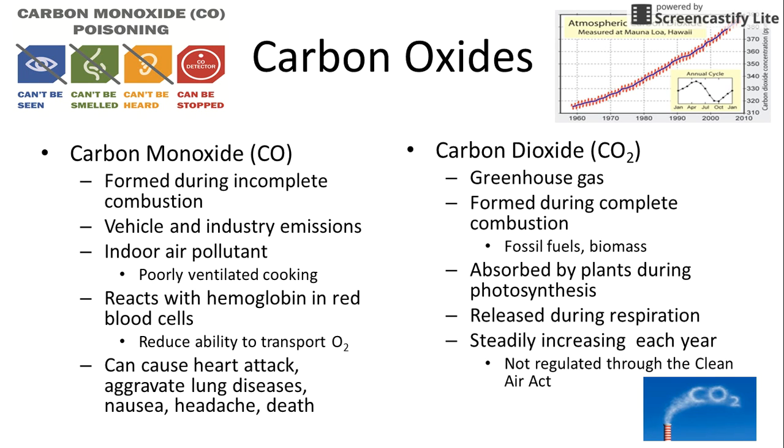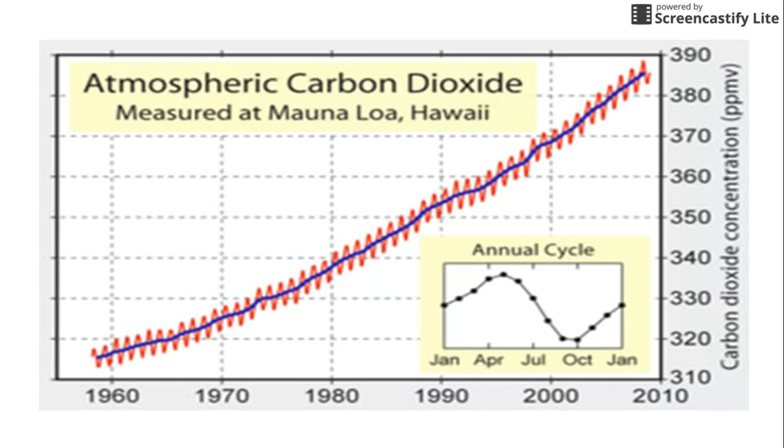In the fall, you see levels that are the lowest because we've gone through a summer of lots of photosynthesis with leaves on the trees. Then carbon dioxide starts rising again because the leaves are starting to fall off the trees and photosynthesis rates go down. And here again is kind of a fuzzy graph of what I just said.